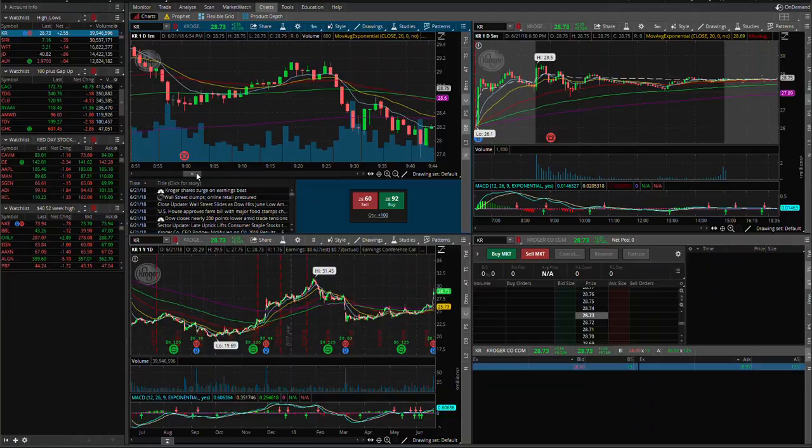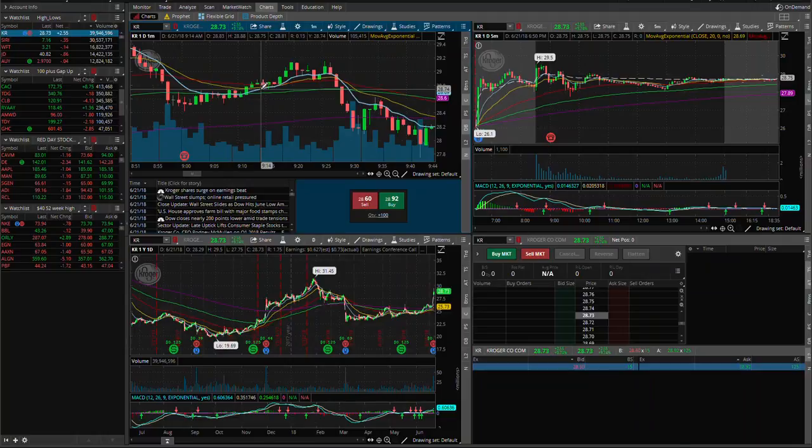Alright, so what is a double crossover? It's when two moving averages cross each other to signal either a bullish crossover or a bearish crossover.